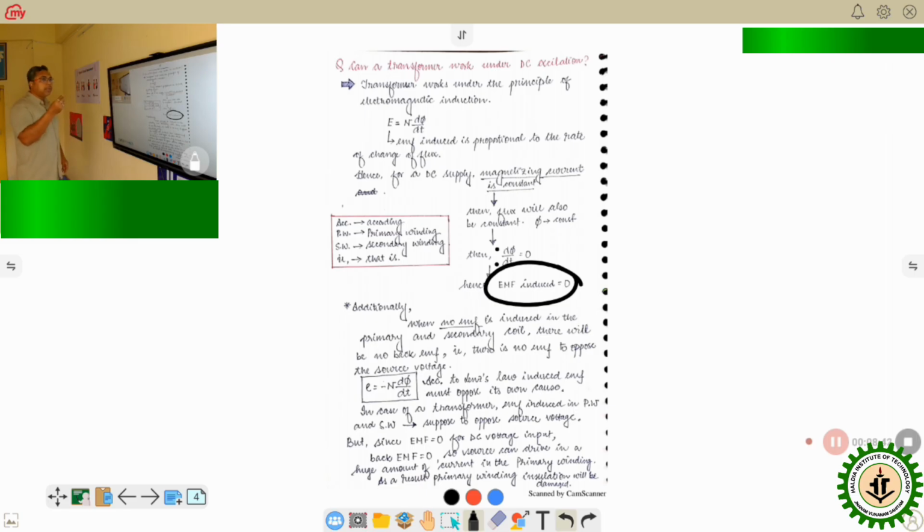So what will happen? The insulation present in the winding may get burned out due to heating. So the total observation is what? The total observation is that no EMF will be induced in the primary and the secondary due to DC voltage application, and there will be a burning smell coming out. That burning smell is nothing but the burning of the insulation over the windings, since the current is now very high.